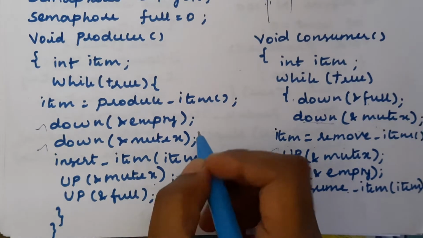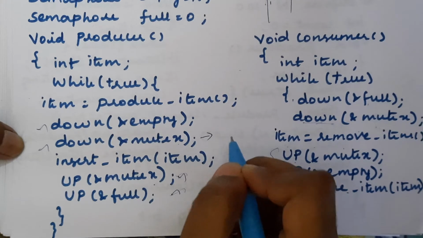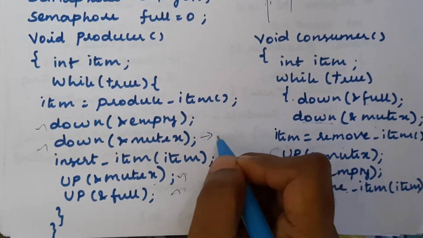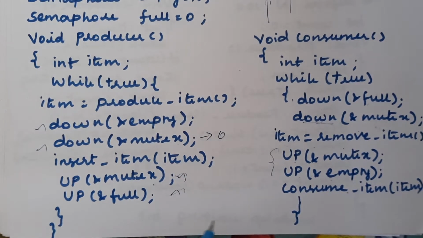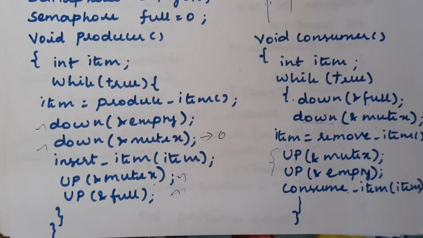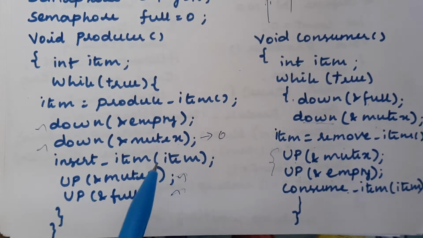Why are we calling this mutex? Here we have to achieve mutual exclusion. Initially we have initialized it to 1. Suppose the value of mutex is 0, then the process should be blocked.